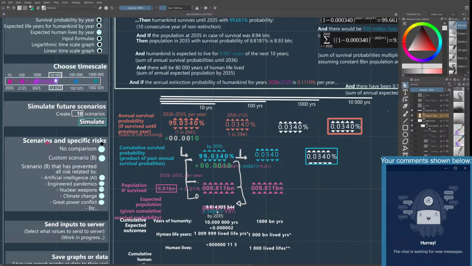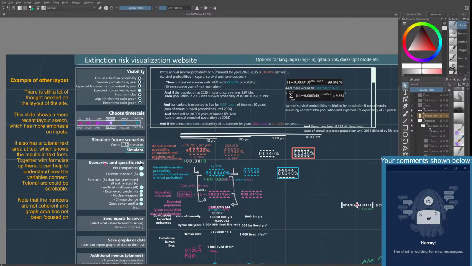Maybe also with these numbers, it's okay. Well, they don't have to have... would I just take these out?